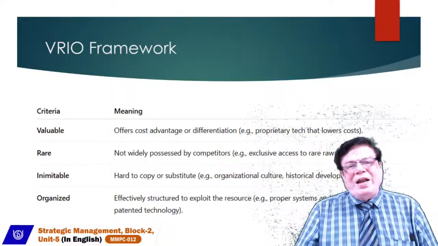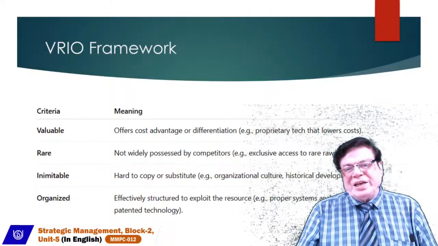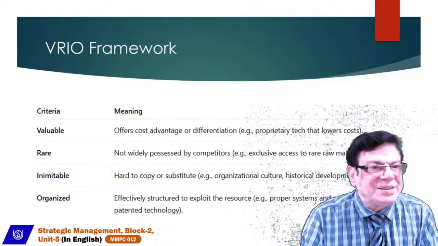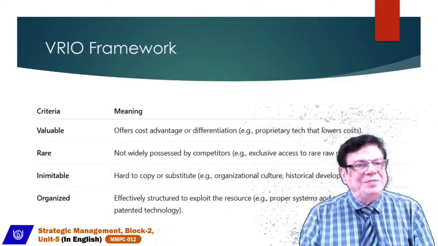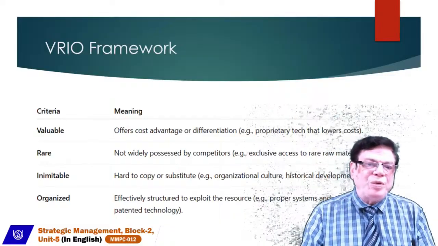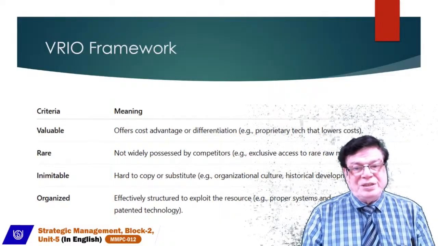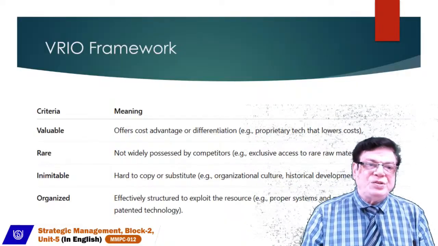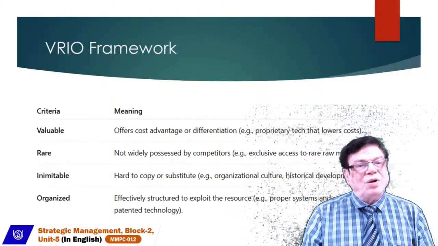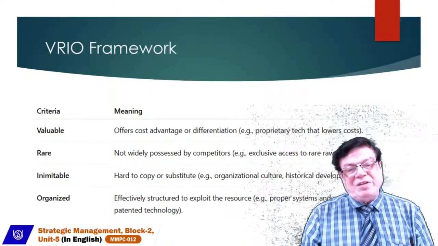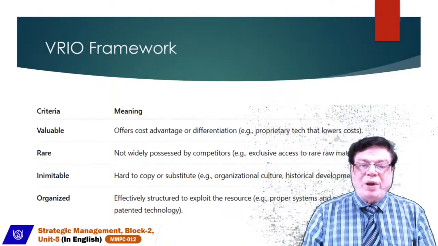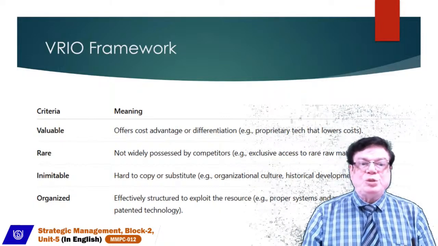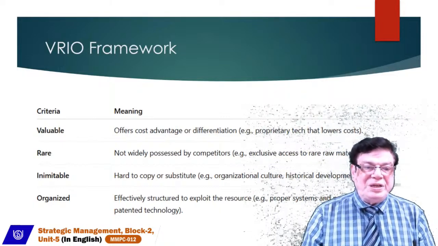Rare means not widely possessed by competitors, that is, exclusive access to rare raw materials. Next, I stands for inimitable. Its meaning is hard to copy or substitute, that is, organizational structure, historical development. Fourth criterion is organized. Its meaning is effectively structured to exploit the resources, that is, proper systems and processes to leverage patented technology.